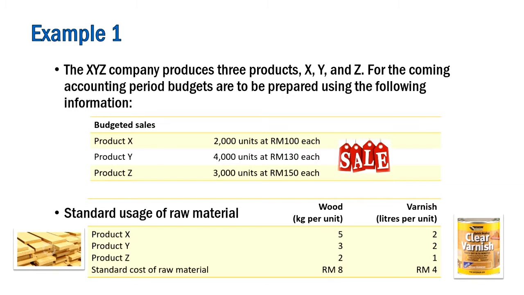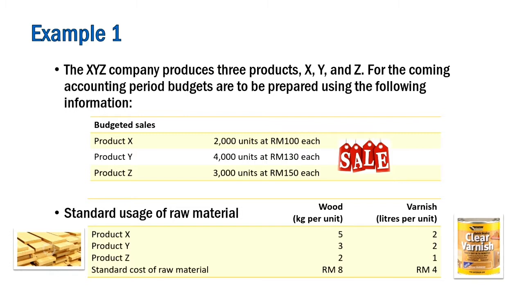And the second box is the standard usage of raw materials. In order to produce product X, Y, and Z, each unit requires this much of wood and varnish. We can imagine something like furniture.